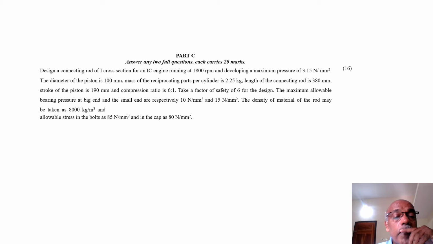Maximum allowable bearing pressure at the big end and small end are respectively 10 Newton per millimeter square and 15 Newton per millimeter square. Density of material of the rod may be taken as 8000 kg per meter cube and allowable stress in the bolt as 85 Newton per millimeter square and the cap as 80 Newton per millimeter square. These are the data given for a connecting rod design.